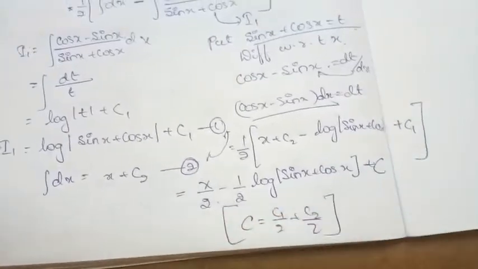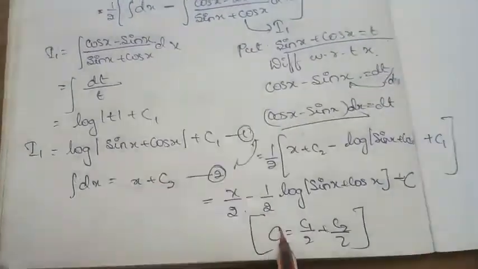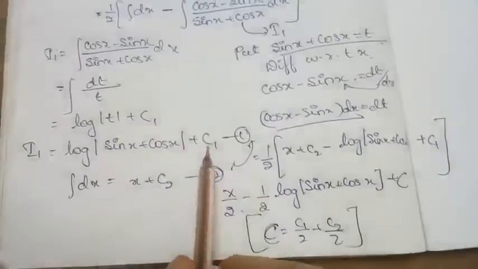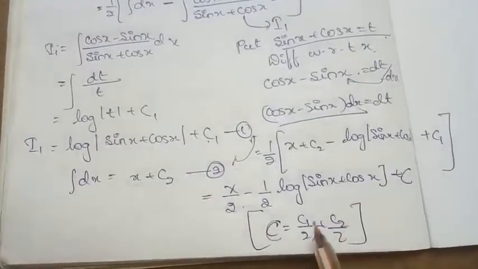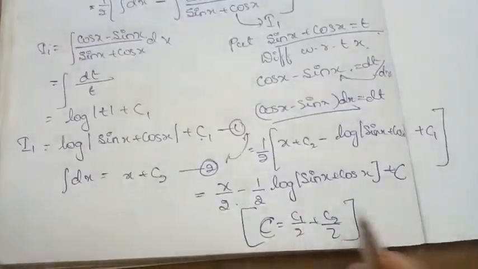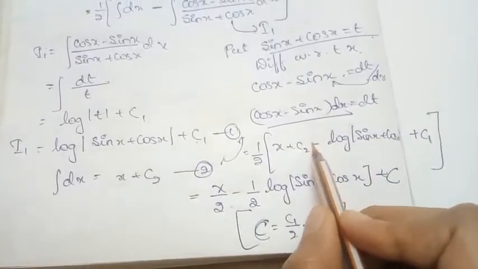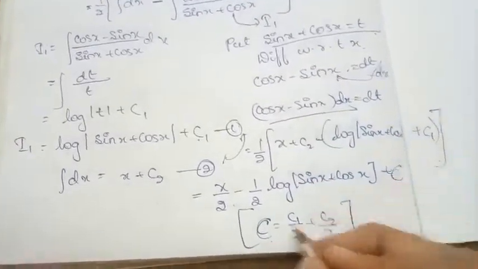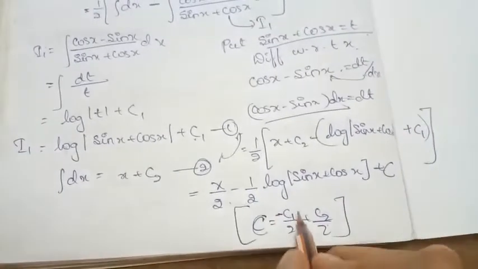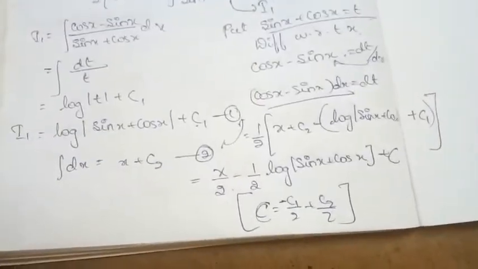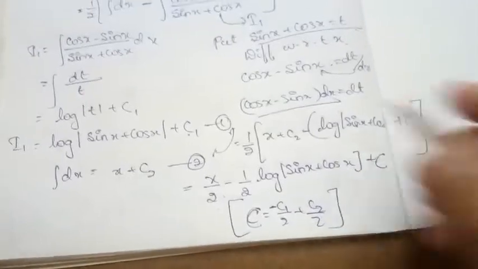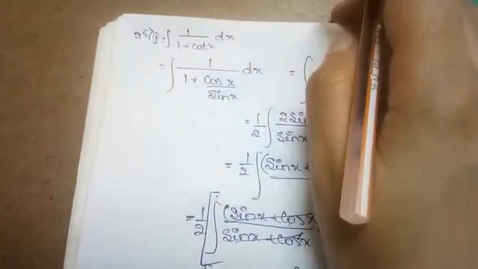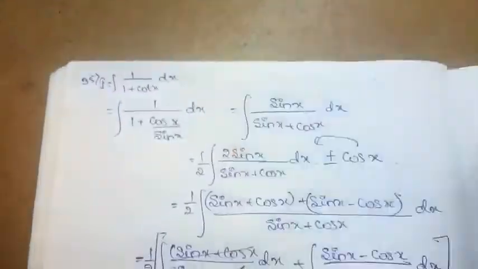I am calling that one as C. So this is the integral of the given question, that is, 1 divided by 1 plus cot x into dx.